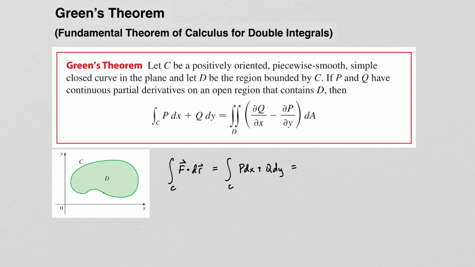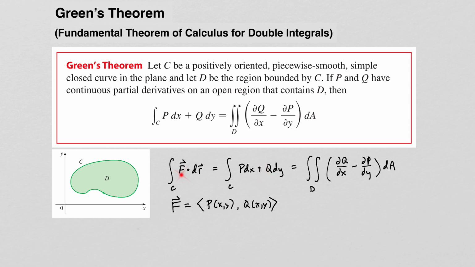And now we're saying this is equal to the double integral of partial Q partial x minus partial P partial y dA on the region that the curve surrounds. And in this case, of course, F is equal to the vector function P of x,y, Q of x,y. So this is, of course, why we have a P and a Q here from the function F.